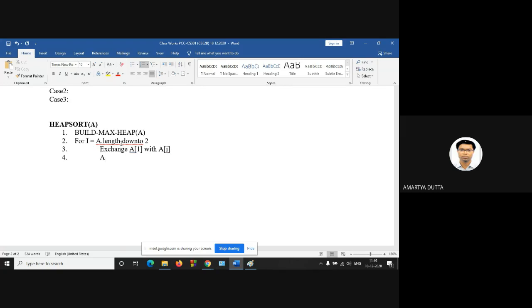Next, decrement the heap size by 1, so A dot heap size minus 1, and then call the max heapify function on A1. So this is the total heap sort algorithm.